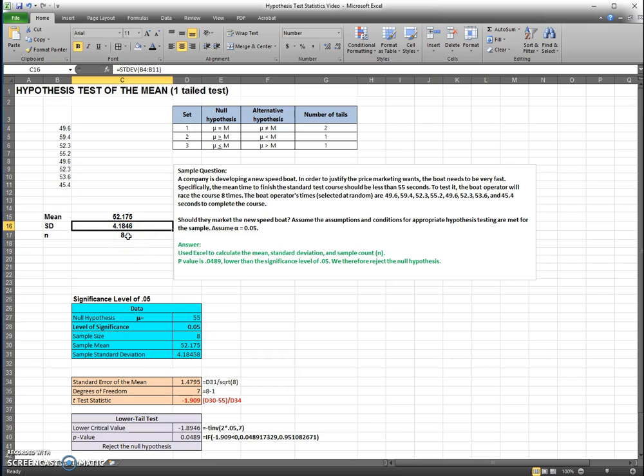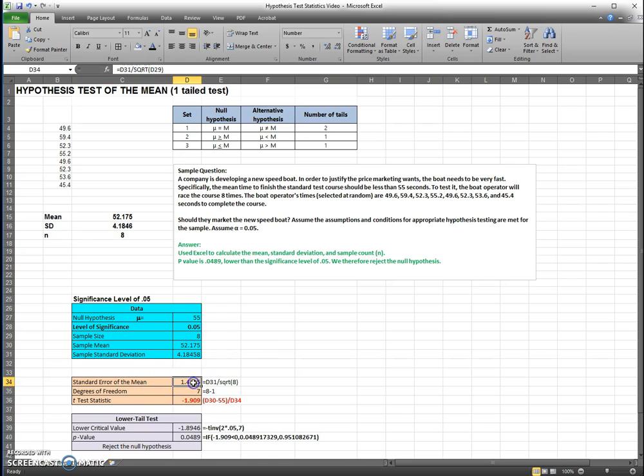Sample size is 8, and I have my significance level here of 0.05, null hypothesis 55, level of significance again listed in my chart. Sample size is 8, sample mean, so I just moved my values here into a little data table so it's easy to reference those cells when going through the formulas down below.